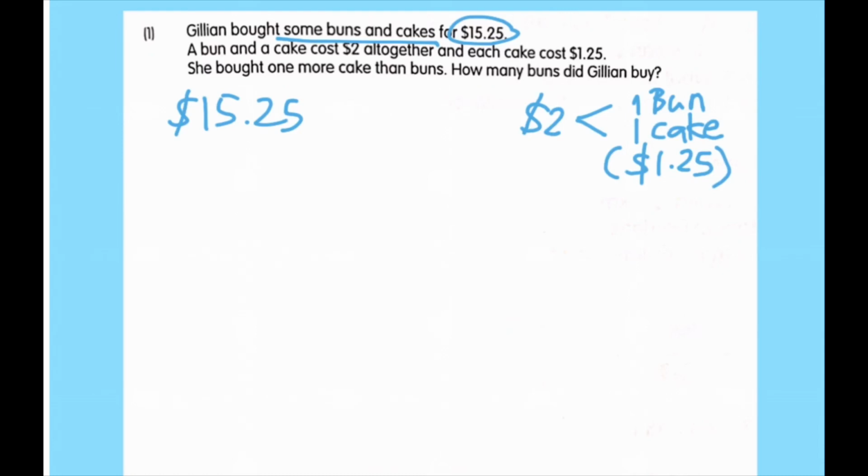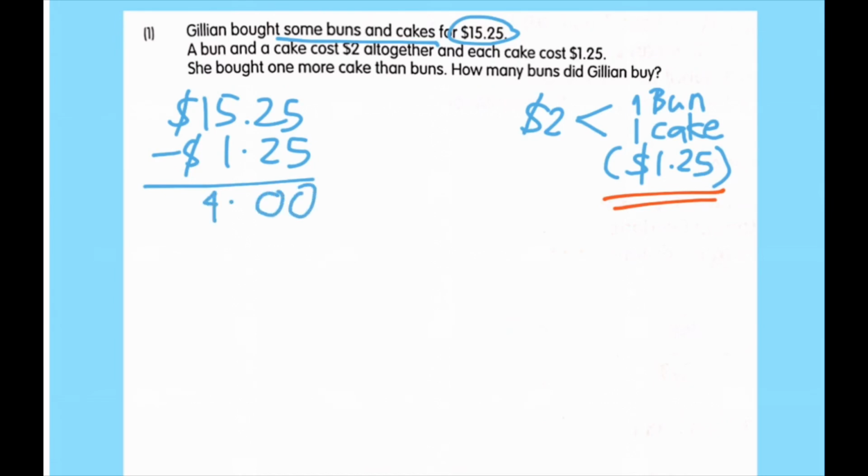We can take away the extra $1.25 from the given total, which will give us a difference of $14. In $14, we know that a bun and a cake were being bought. How many buns and cakes can fit into $14?